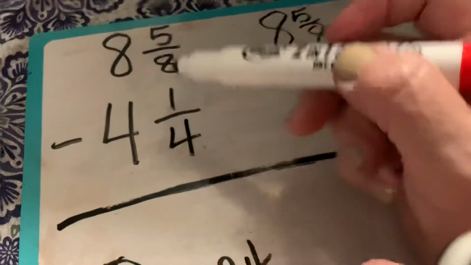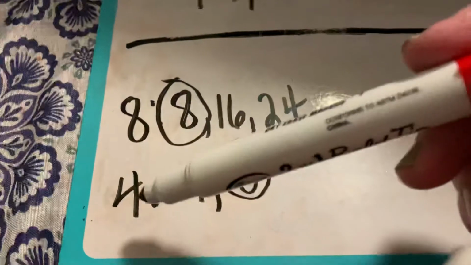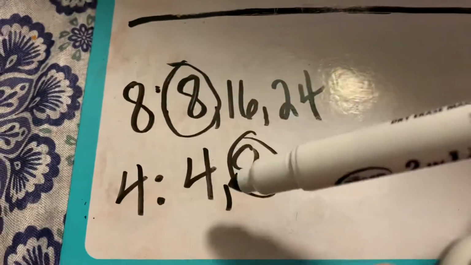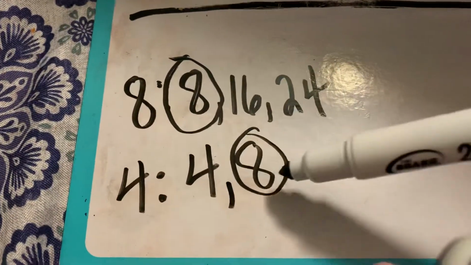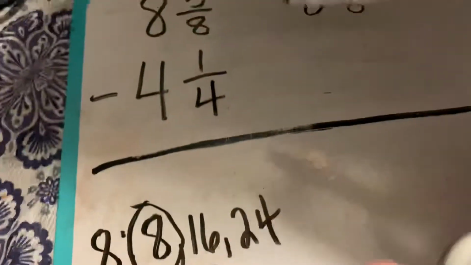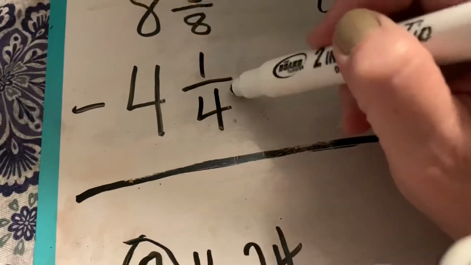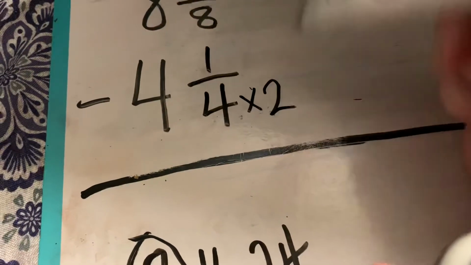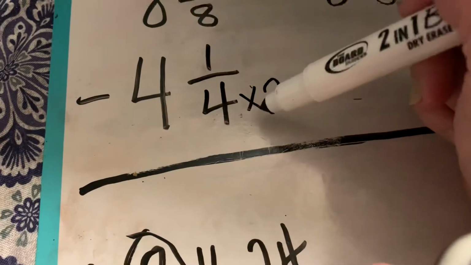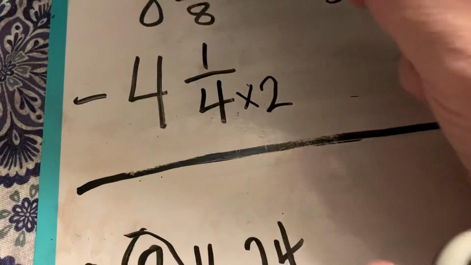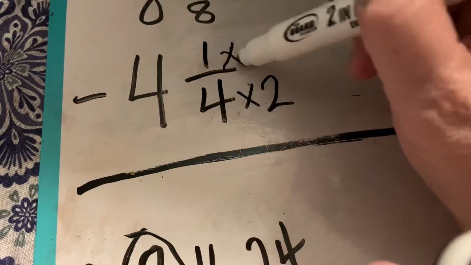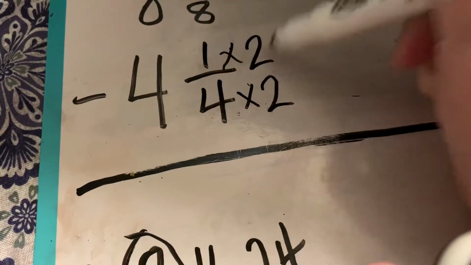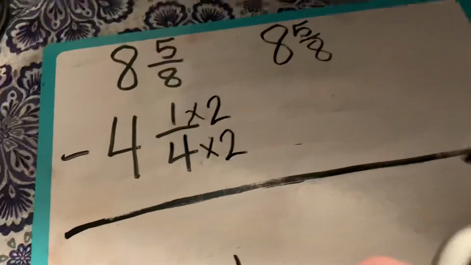Well, I know down here when I was working on my multiples, 4 times 1 was 4 and 4 times 2 is 8. So I need to multiply my denominator by 2. And again, just like when we add, whatever we do to the denominator, we also have to do to the numerator. So I'm going to multiply my numerator by 2 as well.